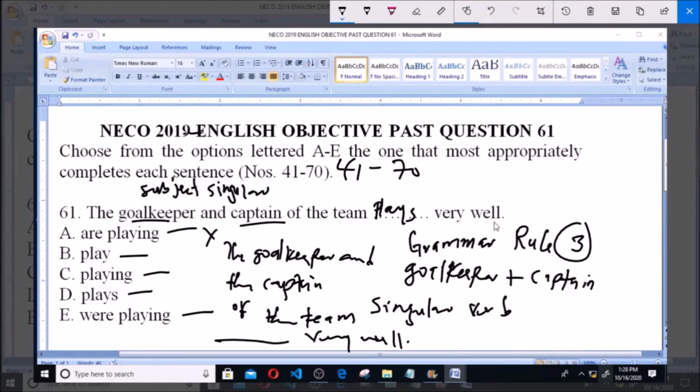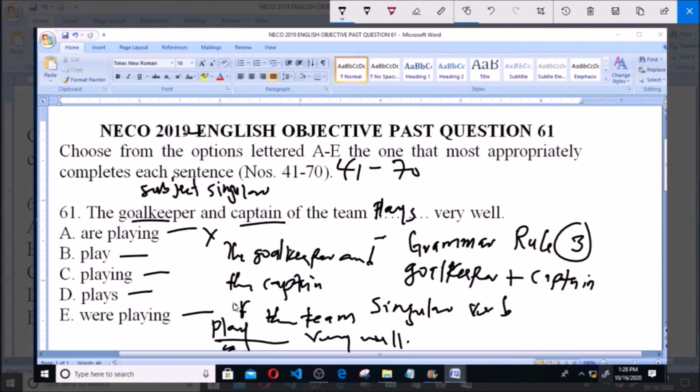In this one, we can say that the goalkeeper and the captain of the team play very well. So the play here is plural, while the play in the other is singular.